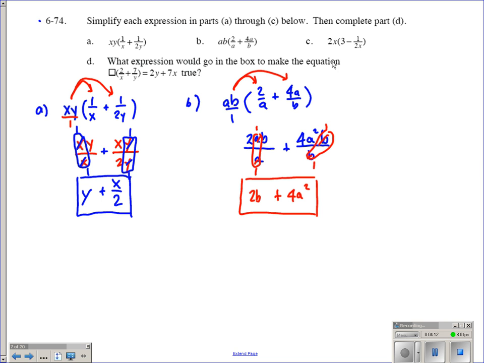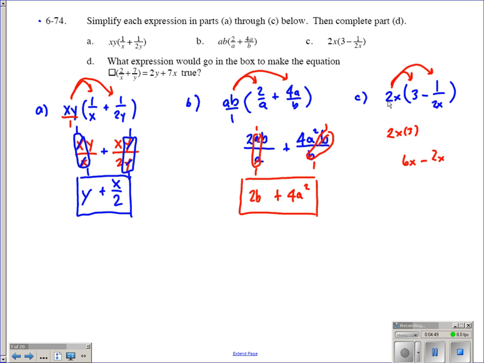Letter C. We have the product of 2x, and we're multiplying it times the quantity of 3 minus 1 over 2x. Again, we're distributing it through. So 2x times 3, it's the same thing as saying 6x. 2x times 1 is going to give us 2x.